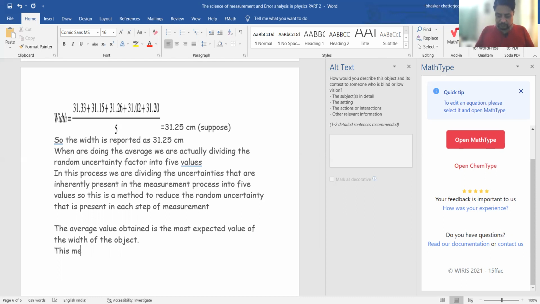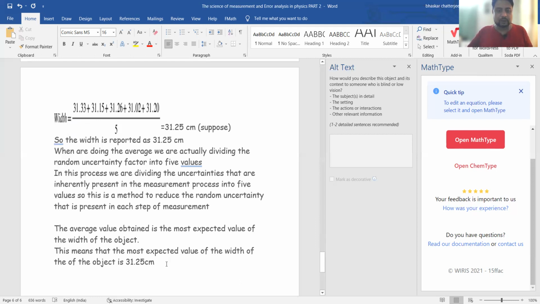This means that the most expected value of the width of the object is 31.25 centimeter. This value is most expected or most likely to occur.